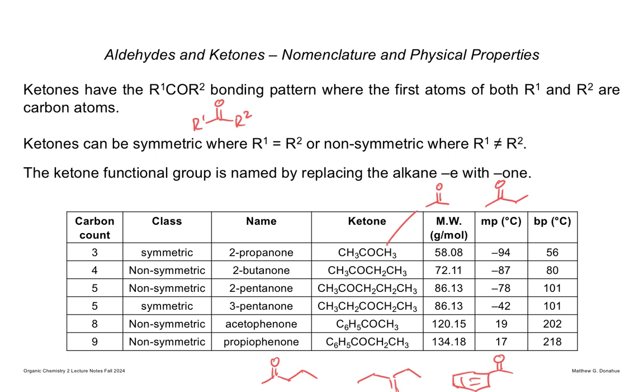So like the acet, that sort of means 2 carbons. We know from propane that means 3, so propiophenone would have now the 3-carbon chain. So most of the aromatic ones have that type of nomenclature.